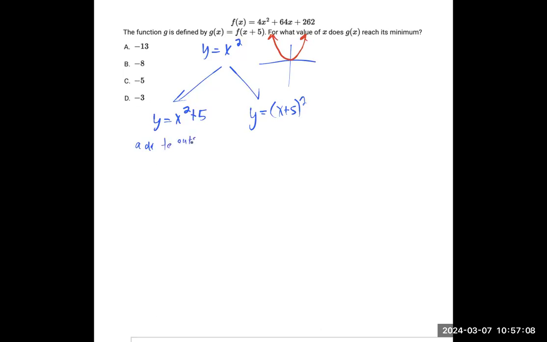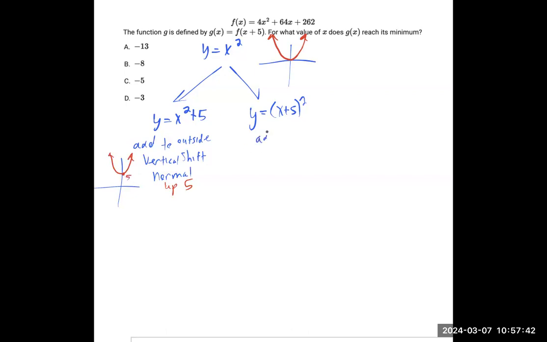And if you add to the outside, you need to know that that's a vertical shift. And vertical shifts are normal. In other words, positive is up and negative is down. So this would be shifting it up 5. So our parabola that was centered at the origin is now the same exact thing, but it's shifted up 5. So the bottom of it is at y equals 5.